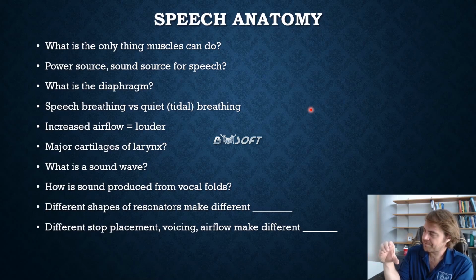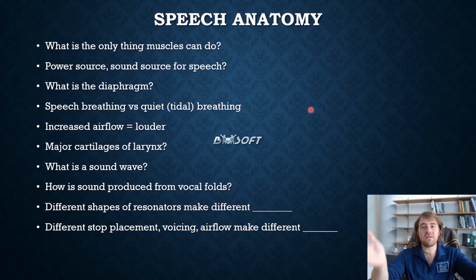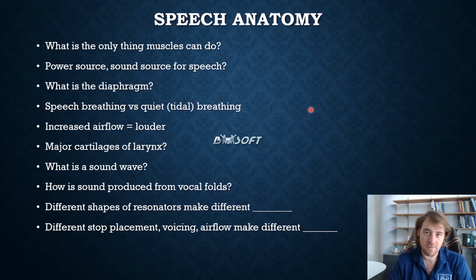It's more like a large C-shaped thing that fits over top of this ring. And then you've got arytenoid cartilages, which are going to be on the top of the cricoid cartilage. So cricoid, thyroid, arytenoid. These are the important cartilages for you to know for now. They're the major ones for making a sound.